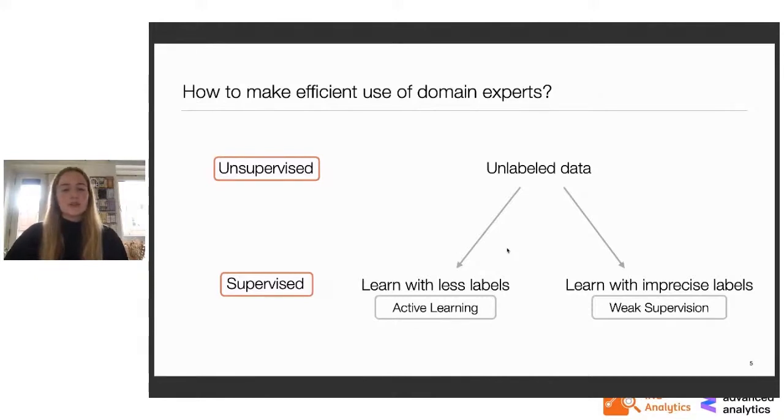Or another option is to create less precise labels that may not always be accurate, but are much faster to get for a larger part of the data. That is weak supervision, so I'll go a bit more into how that works.